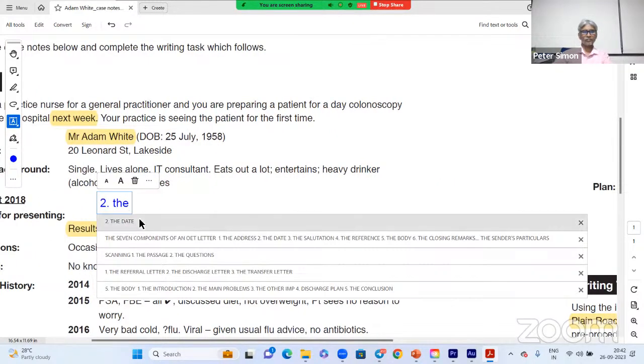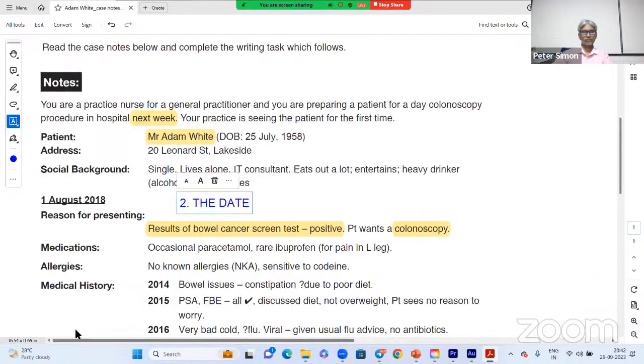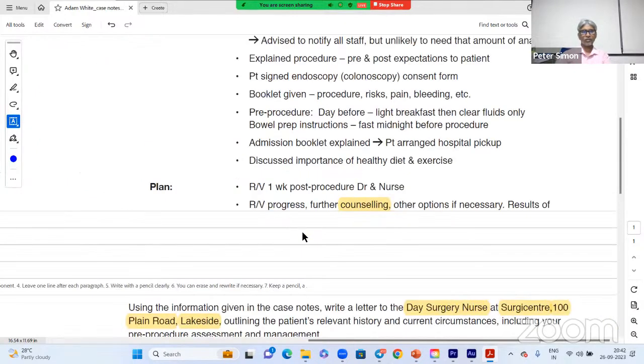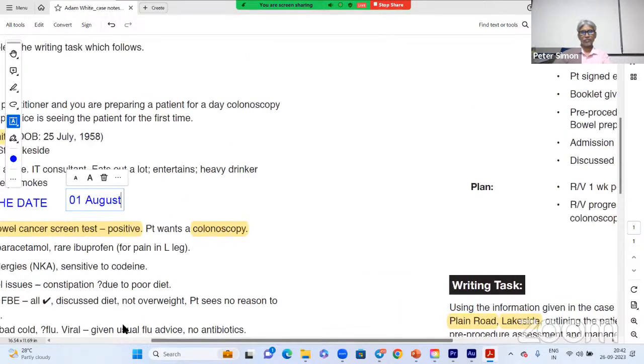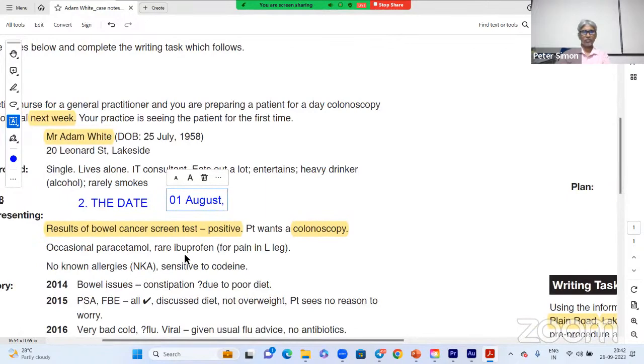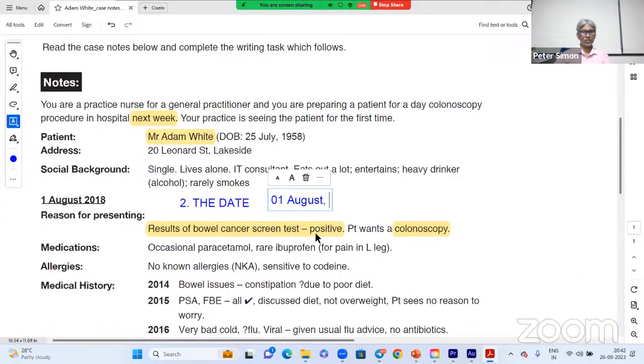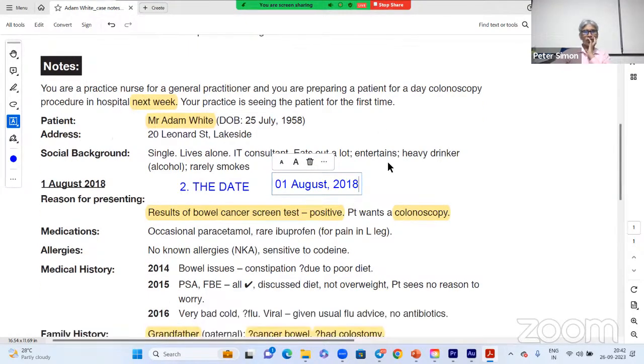The date. August 2018. Let us see this. Number 3, salutation.